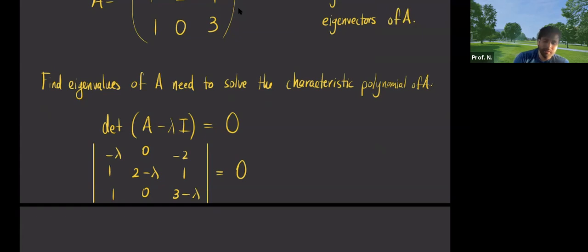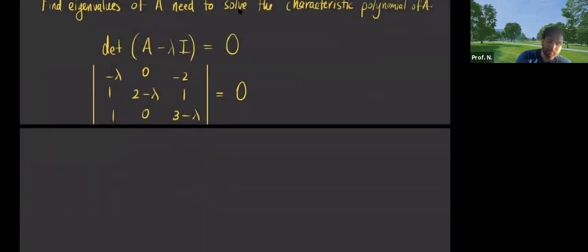So along which row or column should I expand? The middle column, along the second column.